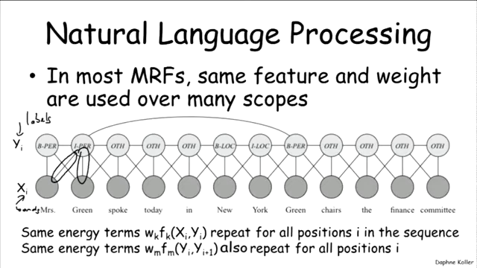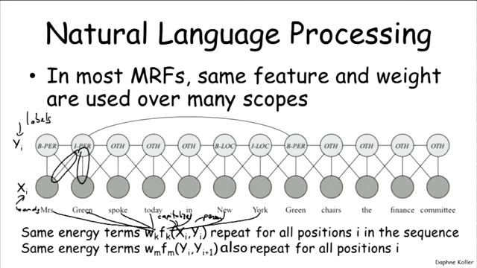And so here again, we have features, which are the ones that we just talked about. A feature of, for example, is yi a person and xi is capitalized? And we would have a term that uses this feature repeated for every position in the sequence.